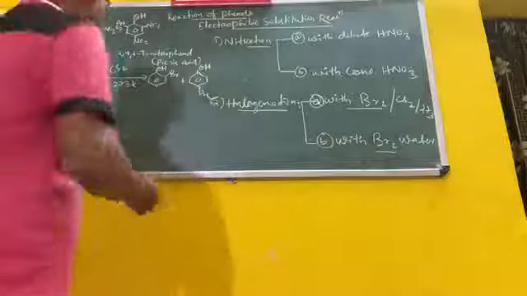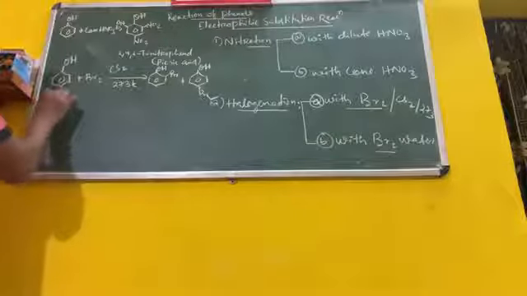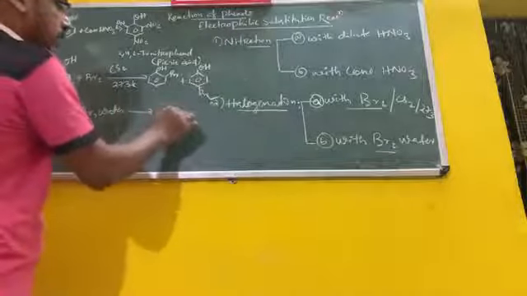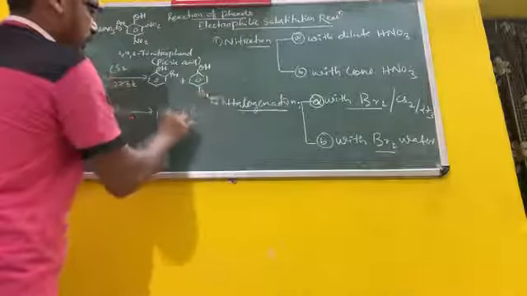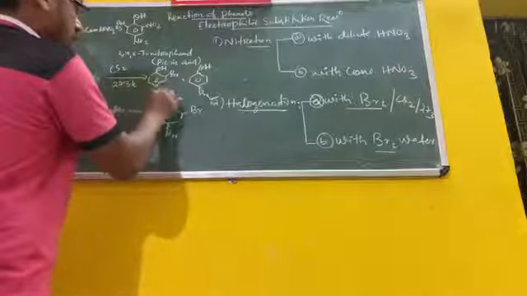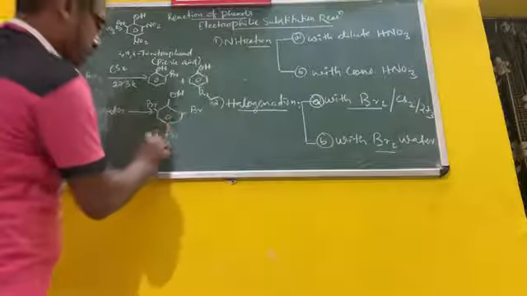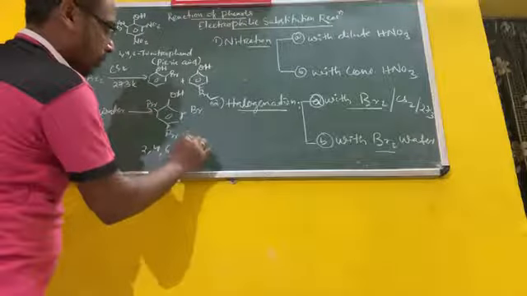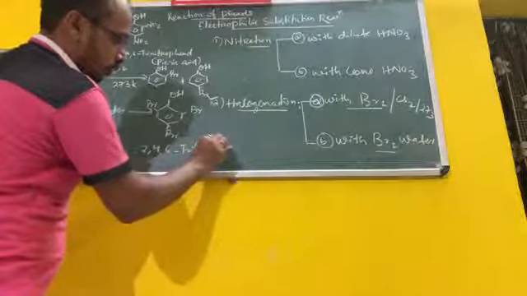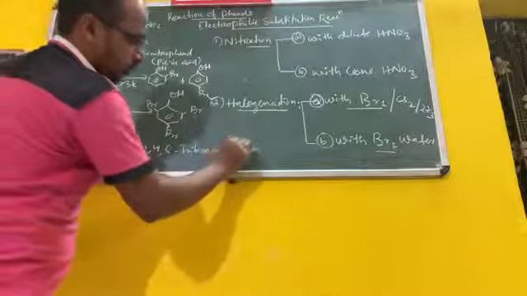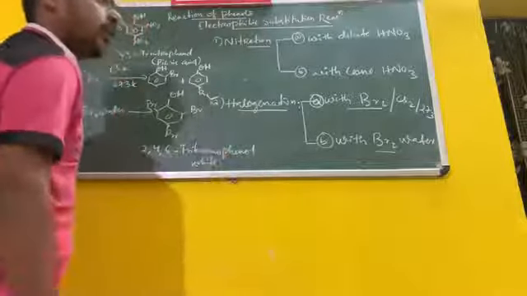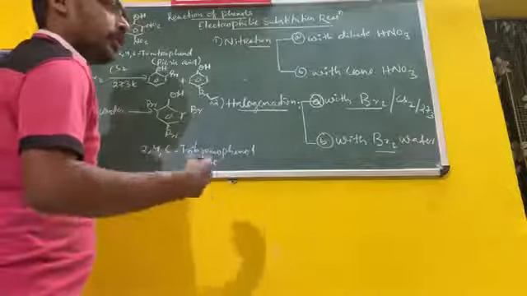It will substitute at 3 positions. So phenol, OH, with bromine water, at 3 places, gives 2,4,6-tribromophenol, a white precipitate. This means the reddish brown color of bromine water will disappear and a white precipitate will be formed.